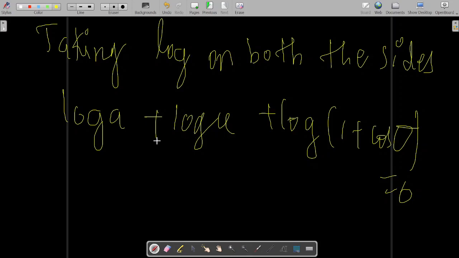So differentiate with respect to theta. Now log a is a constant over here, but u is not a constant.